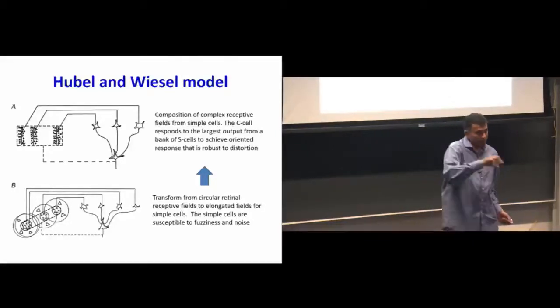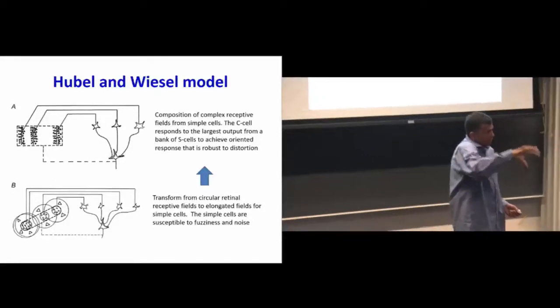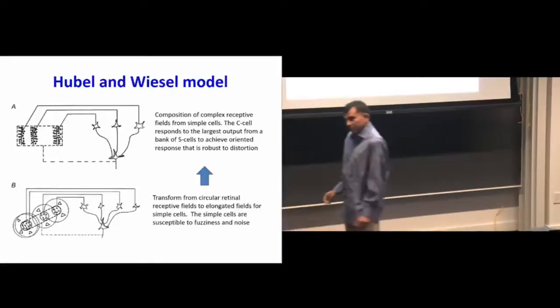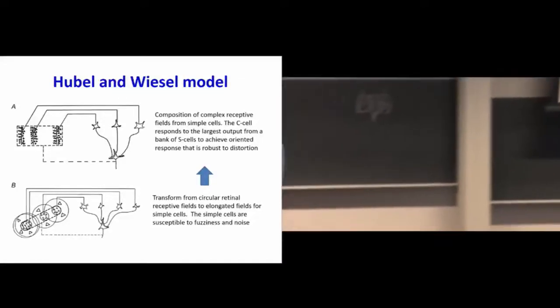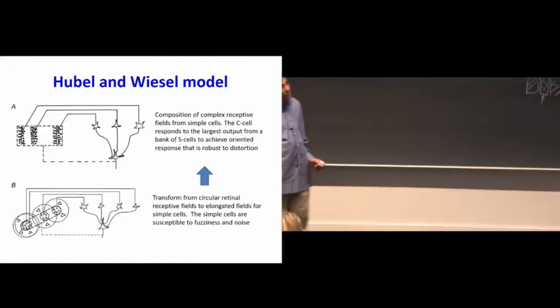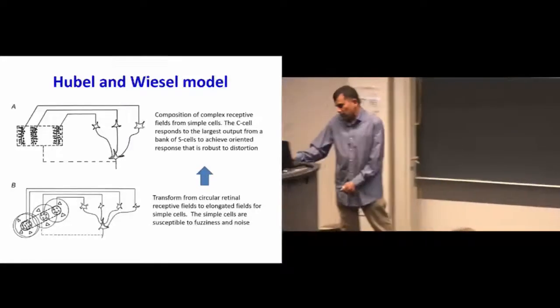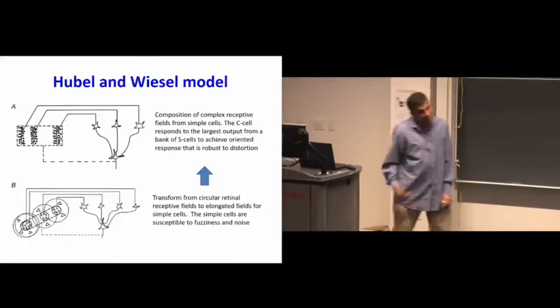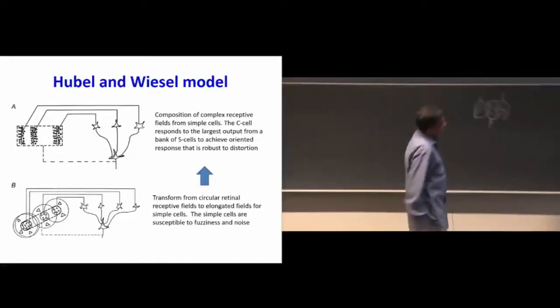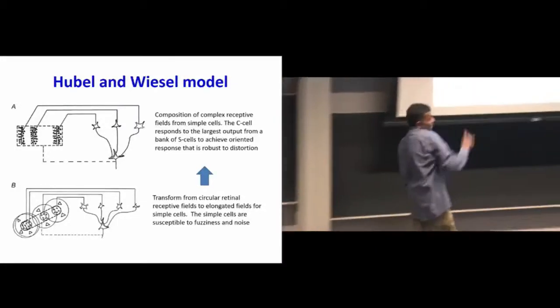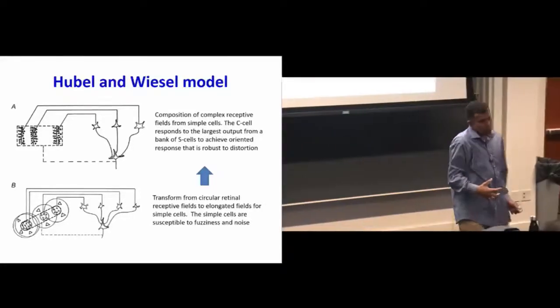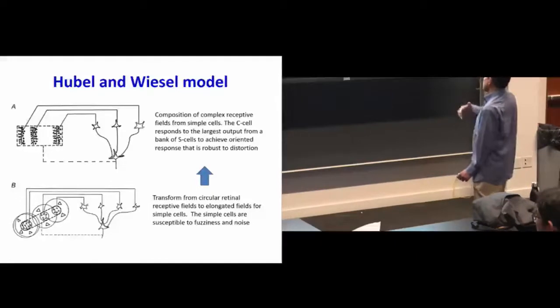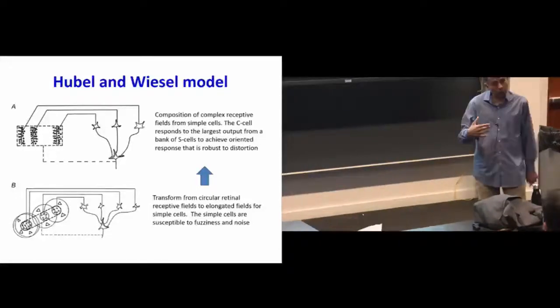So this particular S cell is going to respond to light of a specific orientation. But the S cell itself has the tendency of being confused by little spots of light. So the next level of response is done by these C cells. The C cells get responses from multiple S cells, and they only fire in response to the largest output from these S cells.